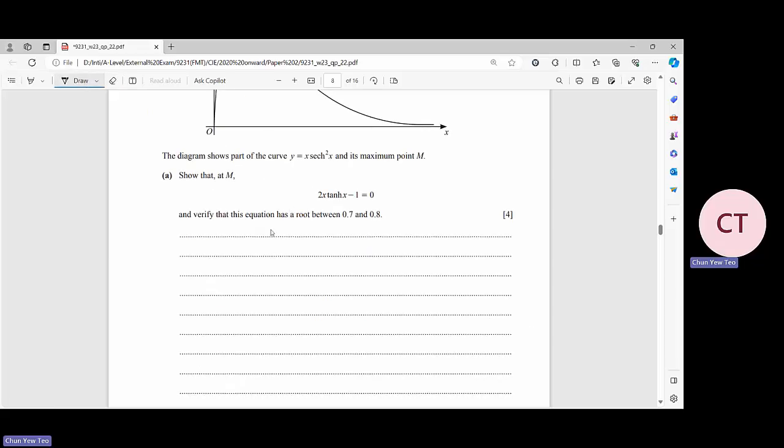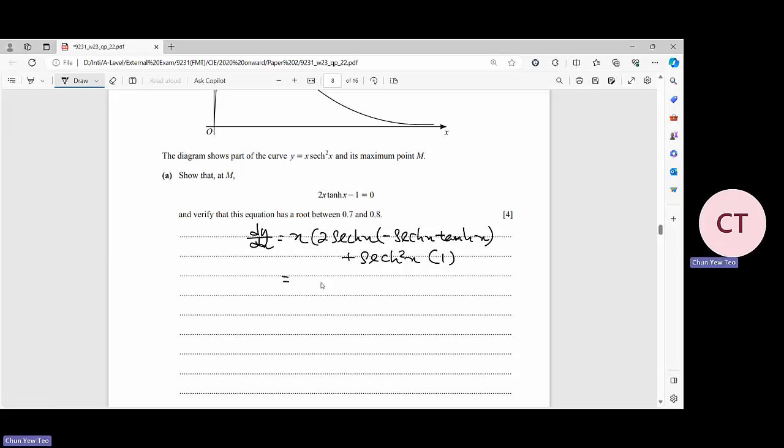For this case, just directly differentiate dy dx, keep the left, differentiate the right. Then this one is the negative sec x tan x, plus keep the right, differentiate the left.